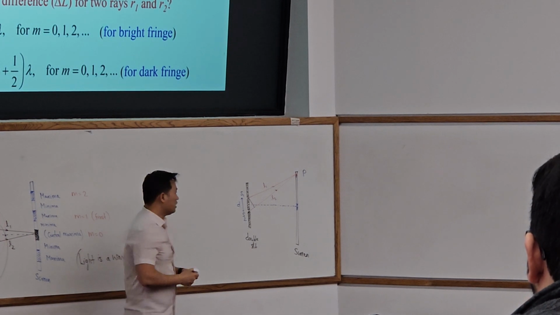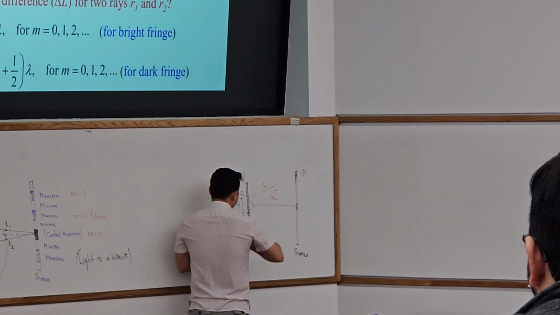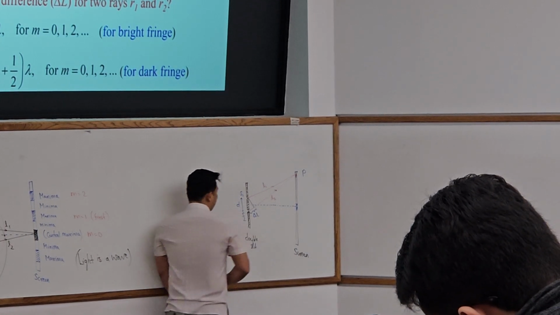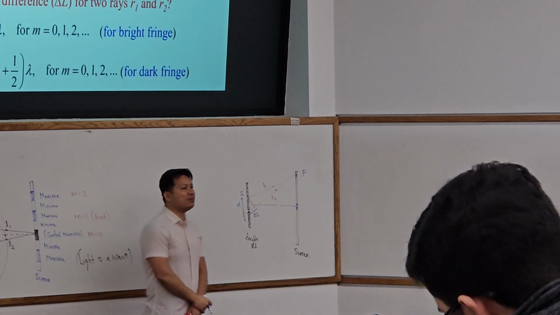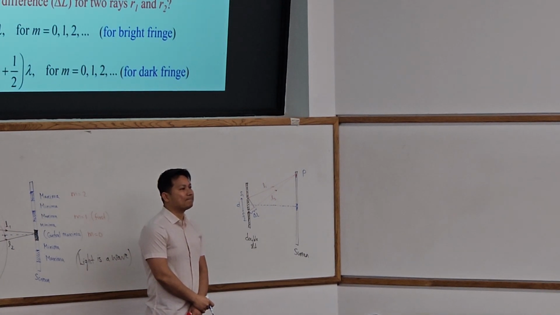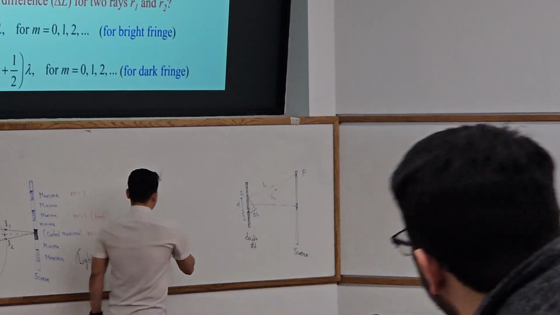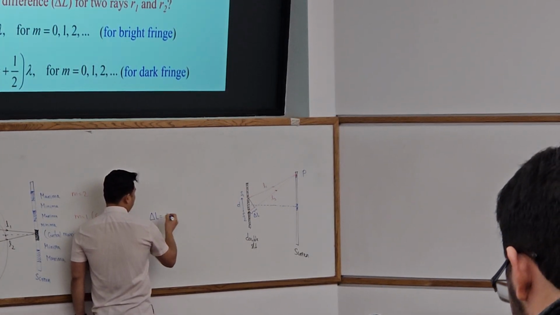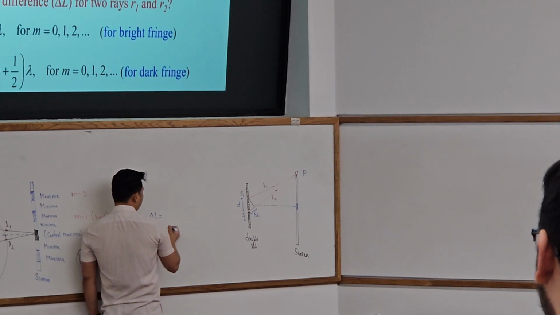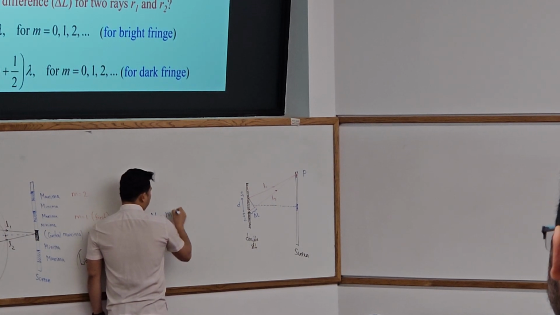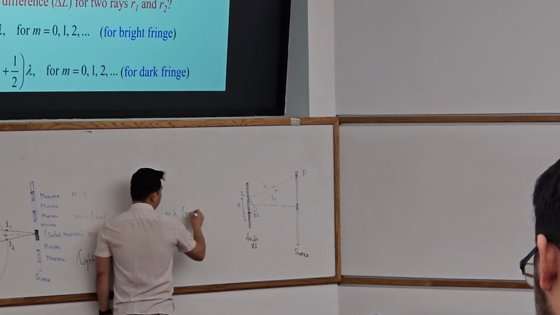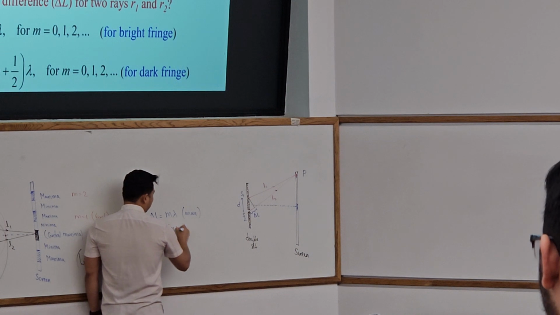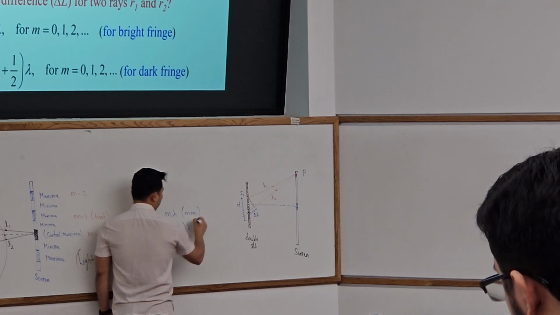This is the only extra distance delta L traveled by source 2 to meet point P. So my job is to find delta L and the condition for maximum and minimum. If delta L equals m lambda, I will have a maximum at point P. If delta L equals n plus 1 over 2 lambda, I will have a minimum.